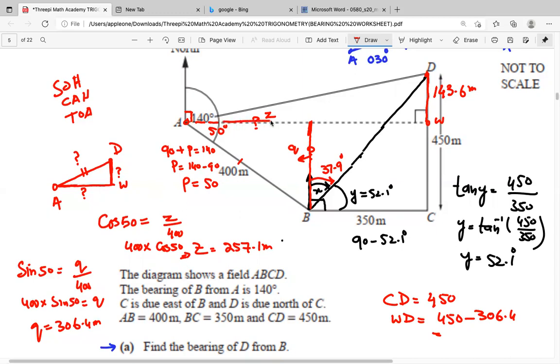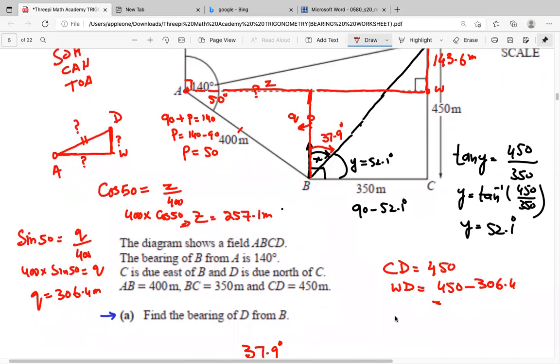Now this length is with us, we got Z value is 257. And this length is given to us, which is 350. So I'm finding AW here. AW is becoming 350 plus Z, which is 257.1.